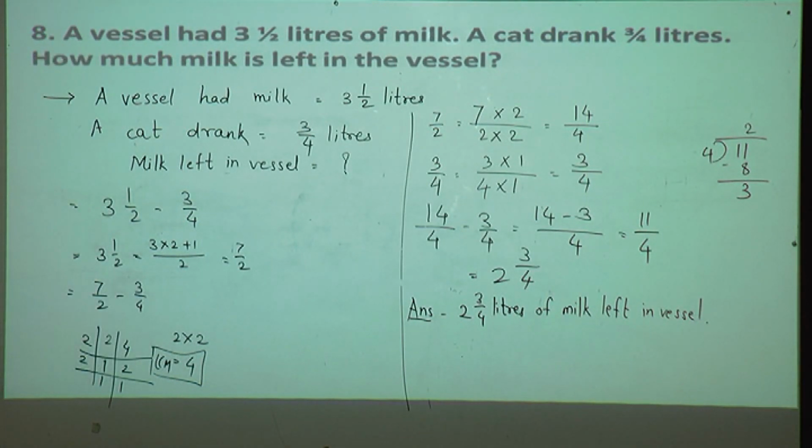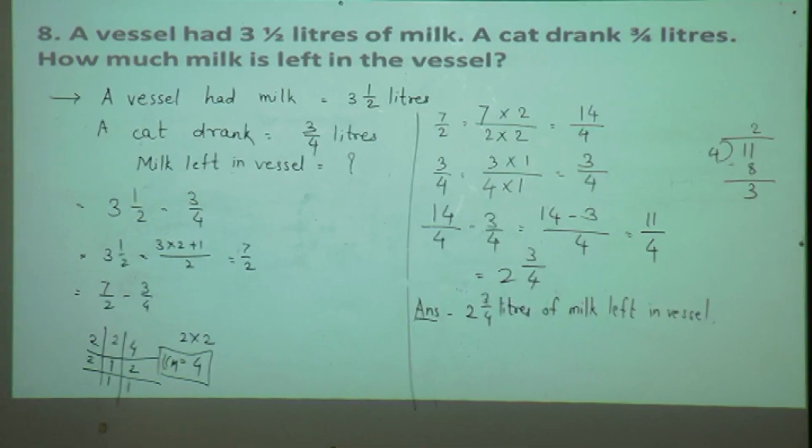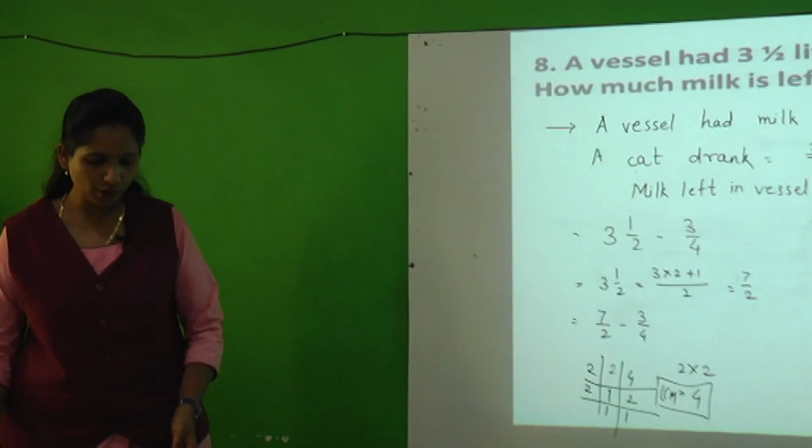Understood, students? Very good. Now see, I have solved 3 examples of exercise 1.13. Now the remaining examples are the same as these examples, only addition and subtraction. Today's home assignment is to practice all the sums in your rough book. If you have any doubt, you can ask me in a Google Meet.